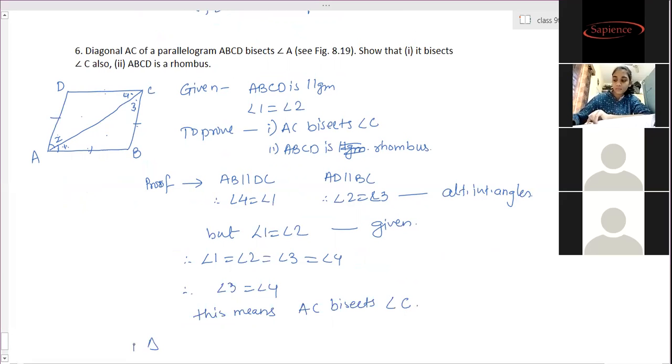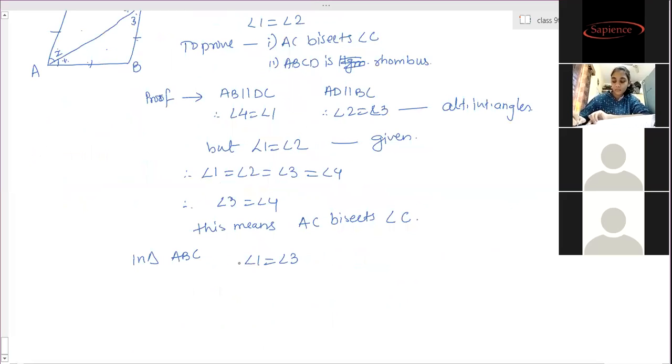In triangle ABC, angle 1 is equal to angle 3. Therefore, AB is equal to BC. Also, angle 2 is equal to angle 4. Therefore, AD is equal to CD, sides opposite to equal angles.